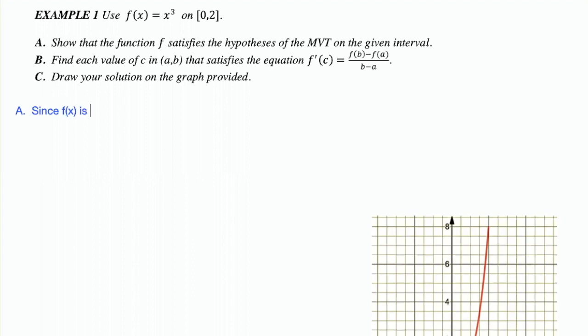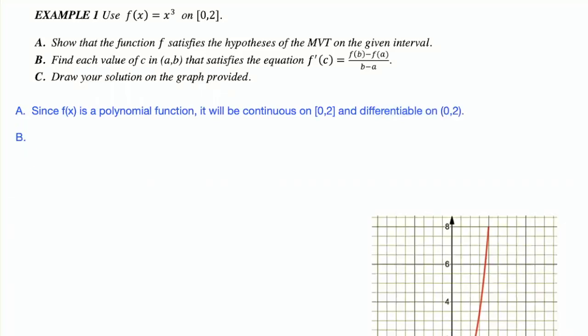All polynomials are that way. So I would make that argument. I would say since f of x is a polynomial function, it will be continuous. And it's important to state that it's on the closed interval and differentiable, no corners, cusps, vertical tangents, or discontinuities on the open interval 0 to 2.